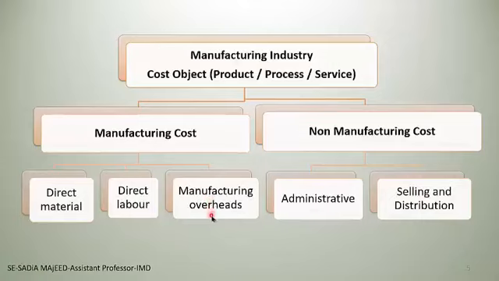Manufacturing overheads are basically those indirect costs which are necessary to run the manufacturing process smoothly and to produce a complete product, but they are not part of the direct costs. So all those types of activities and their cost come under the heading of manufacturing cost. We will discuss the list of the manufacturing cost in the next slide.